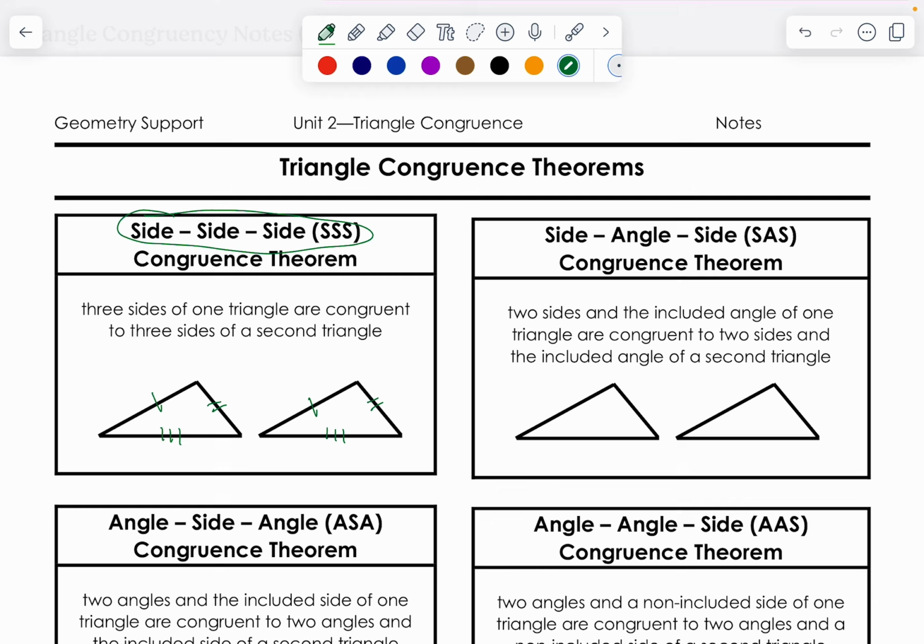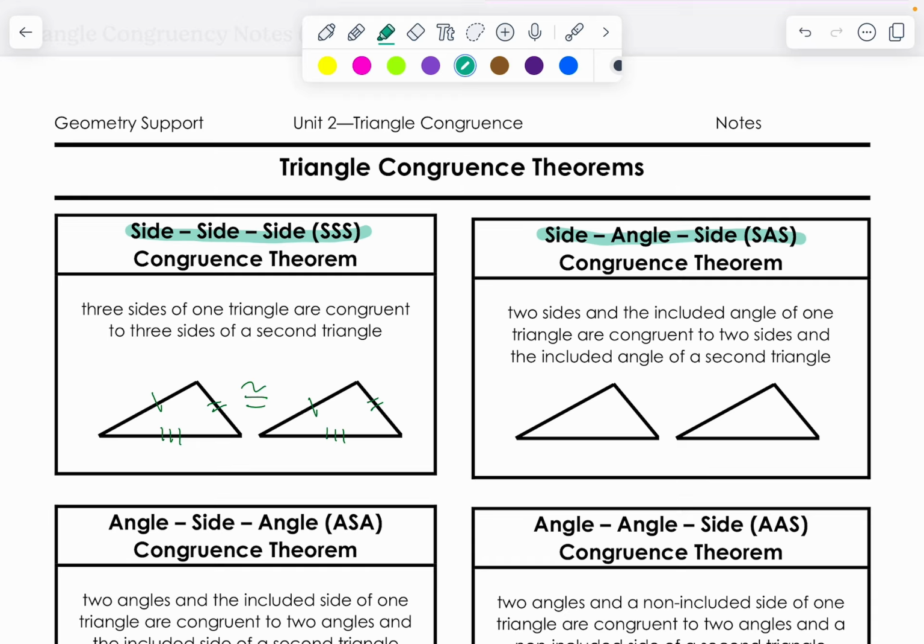We don't need the angle measurements here in order to show that the two triangles are congruent. As long as the three sides are congruent like this, these two triangles will be congruent. So there's side, side, side, right over here.